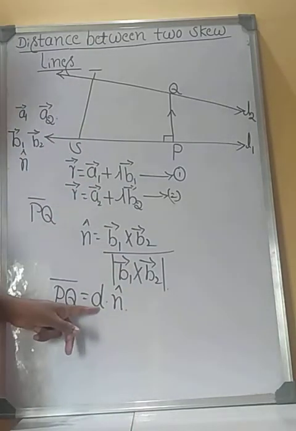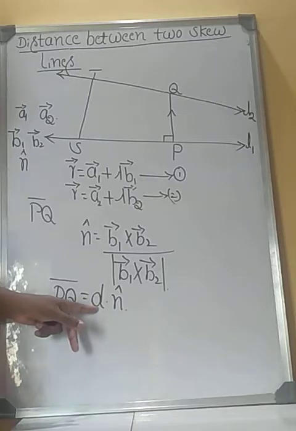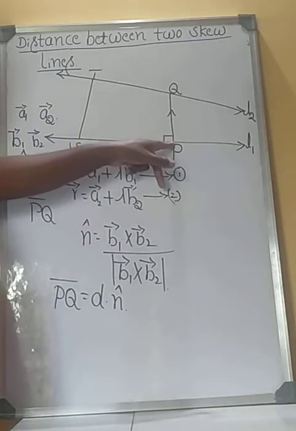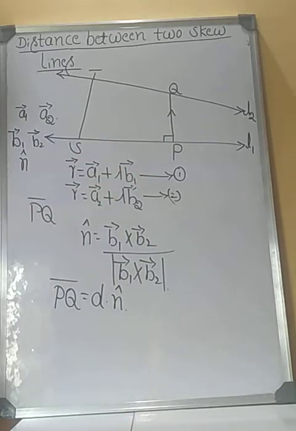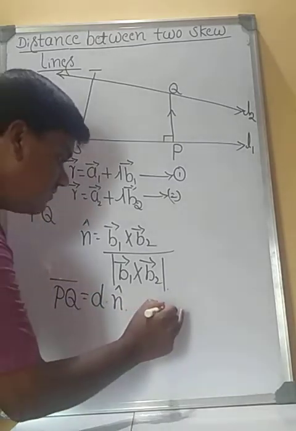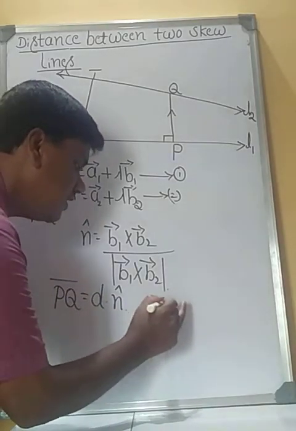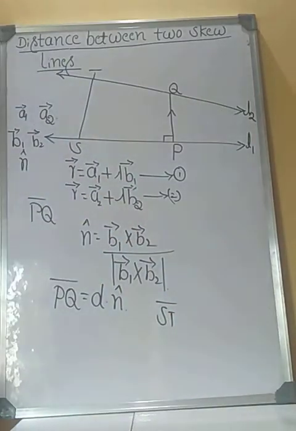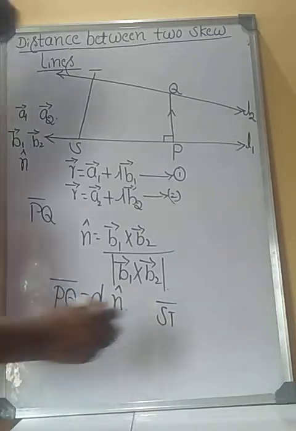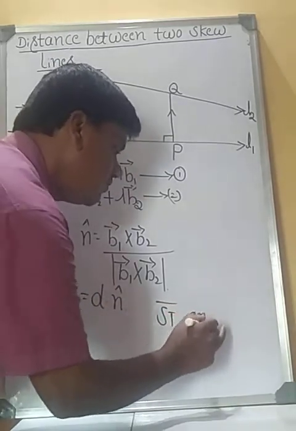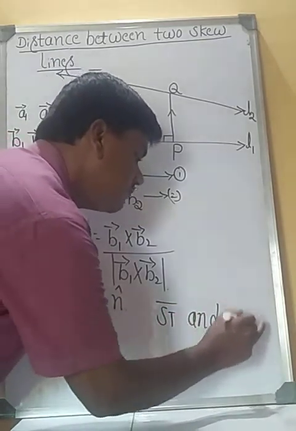where d is the magnitude of the shortest distance vector. Let theta be the angle between ST and PQ line segment.